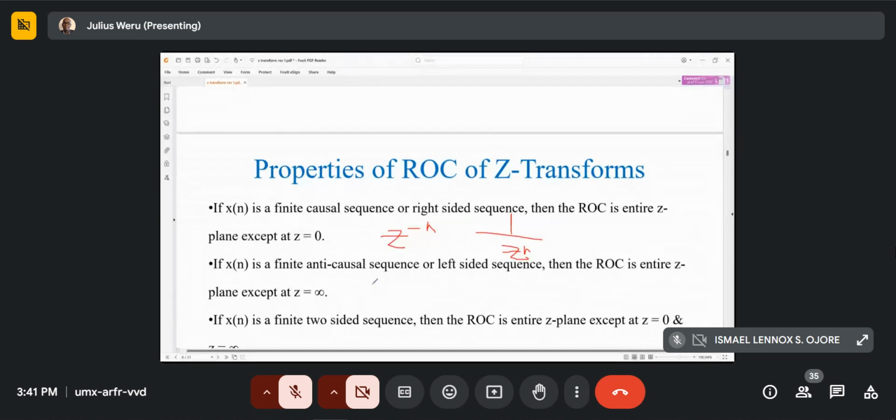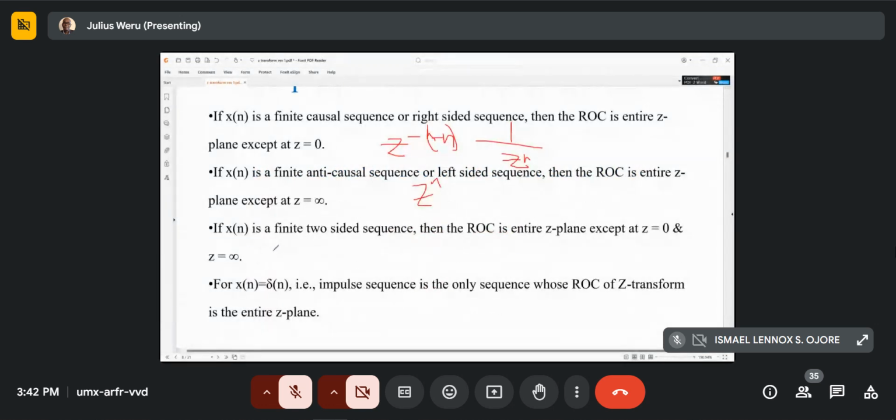If n is negative, z to the minus n becomes z to the n, and therefore it will be the entire Z plane except at z equal to infinity. We'll see this with real sequences.